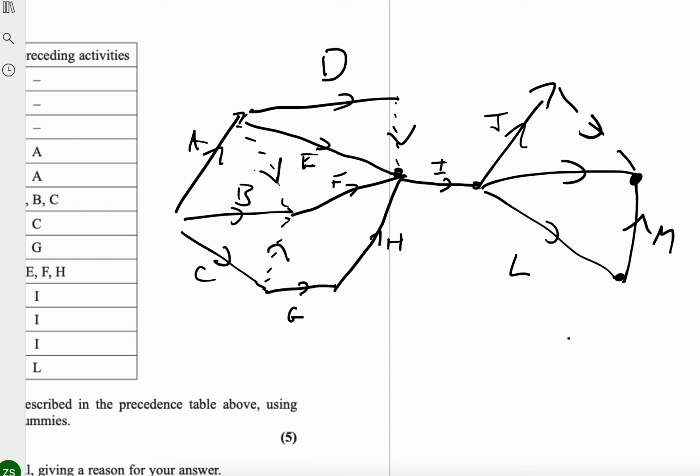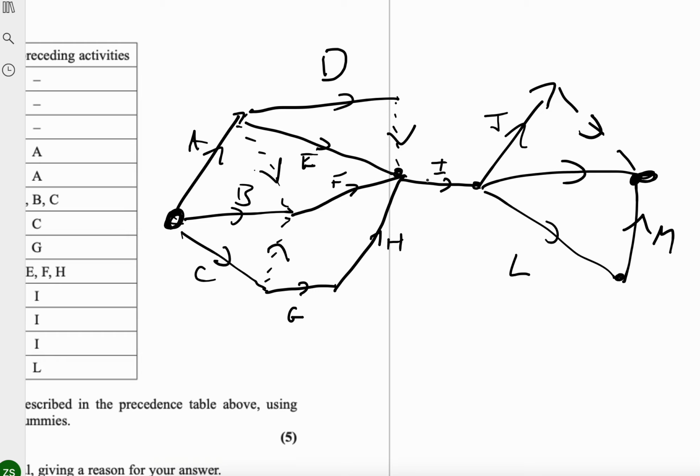Yeah? The longest path. So it's not just the longest path, it's the fact that everything goes through I. No matter where you're going, if you're starting at your start node and ending at your sync node, there is no way to get to the sync node that isn't going through I. Every path leads through I.